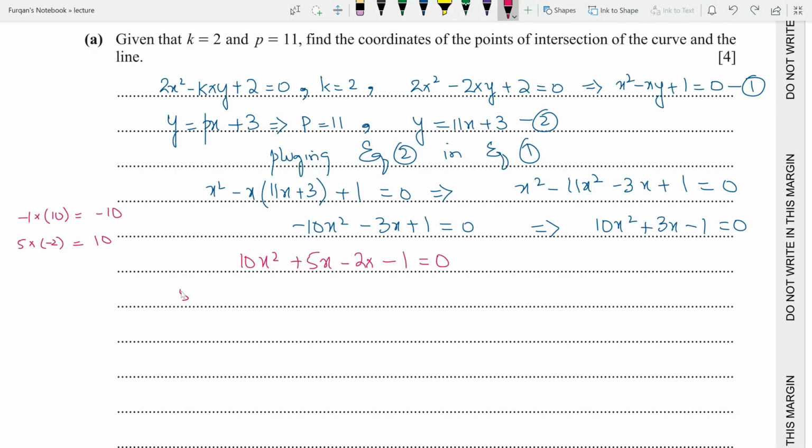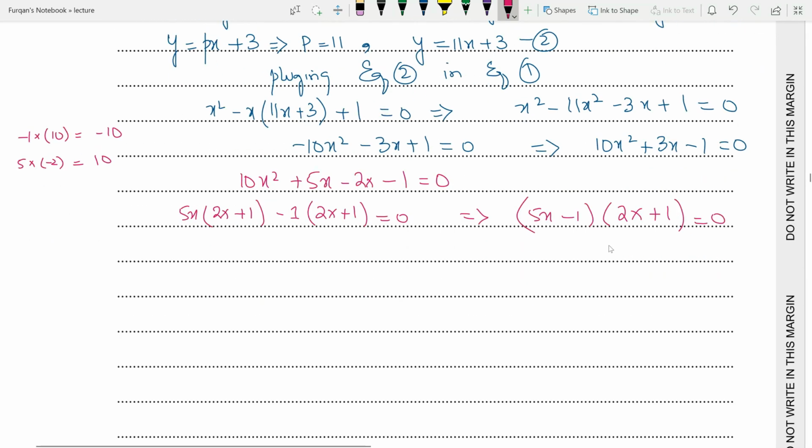Taking 5x common, we get 2x + 1, and taking −1 common, we have 2x + 1 = 0. So this will be (5x − 1)(2x + 1) = 0.